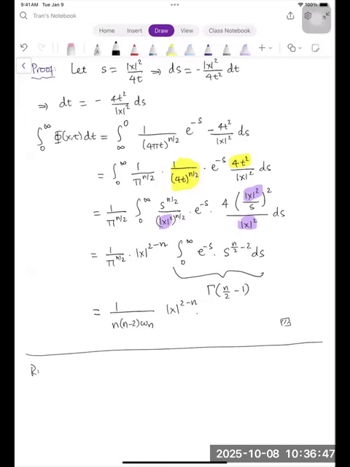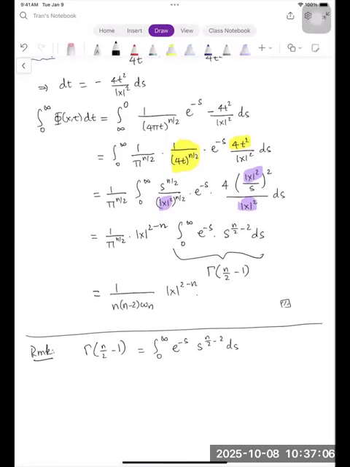A remark quickly on the gamma function is that, again, I have the gamma function of n over 2 minus 1 equals this integral. In case you are curious, you don't have to worry about this. I just want to explain if you are curious.